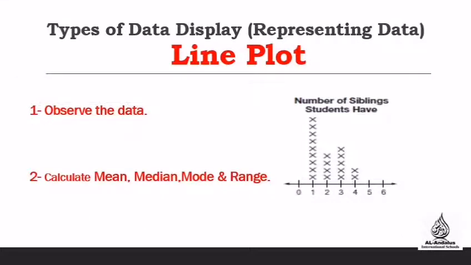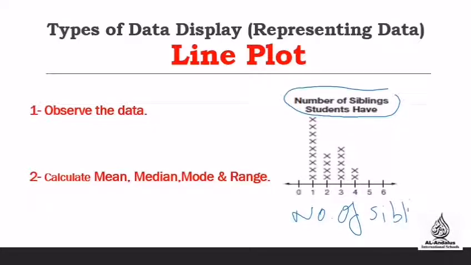Okay, here is another example of a line plot. This line plot represents the number of siblings students have. The x-axis, or the line, represents the number of siblings, and the crosses represent the number of students. So I can read it like this: I have 2 students who have 4 siblings.